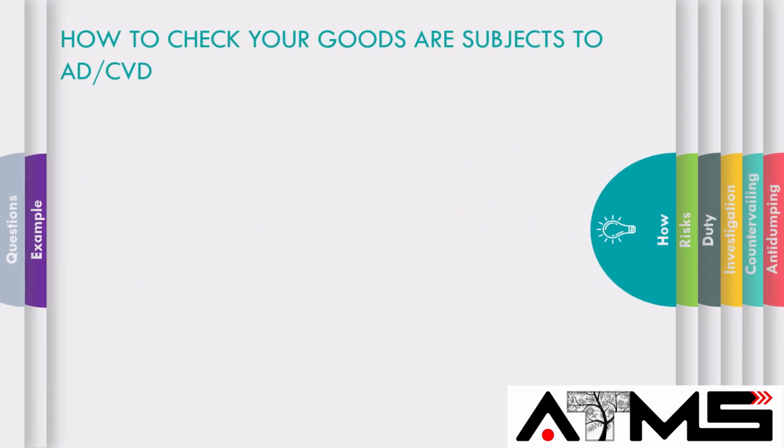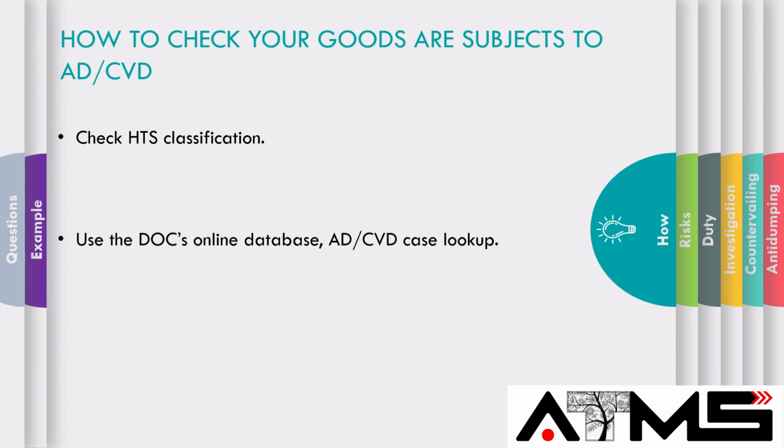So, how can you check if your product is subject to AD or CVD? Step 1. Make sure your product's tariff classification is accurate. If AD/CVD applies and you don't know in advance, you could end up paying huge unexpected duties. Step 2.